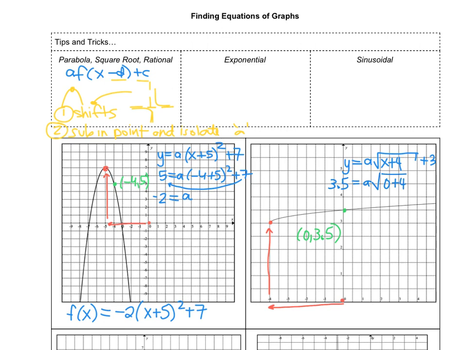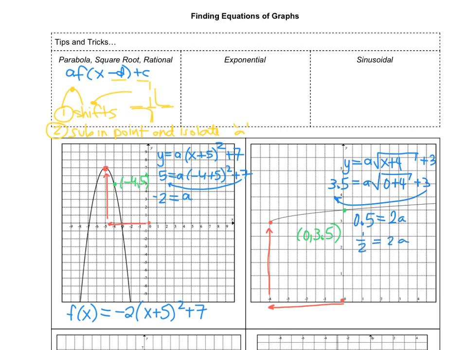0 for X, and just like before, I'm always going to move that up-down number to the left. So 3.5 minus 3 is 0.5, and then 0 plus 4 is 4, and the square root of 4 is 2. And I don't want to write a times 2. I'm just going to write 2a because that looks a little nicer. And if I want my a value to be a nice fraction, I'm also going to rewrite that 0.5 as a half.